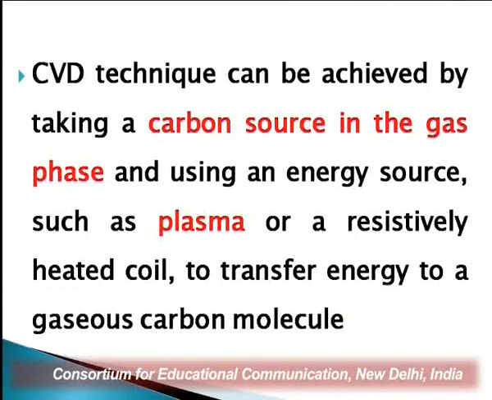Now we discuss the steps of the chemical vapor deposition method. The technique is achieved by taking the carbon source in the gas phase, as we are using hydrocarbon gases as a carbon source, and using an energy source such as plasma or a resistively heated coil to transfer energy to the gaseous carbon molecules.